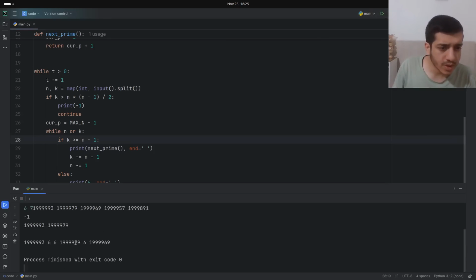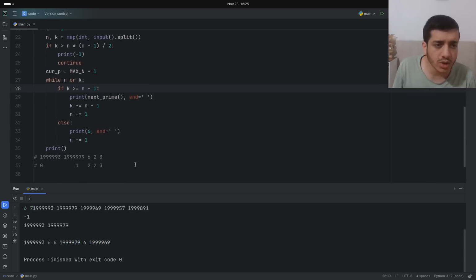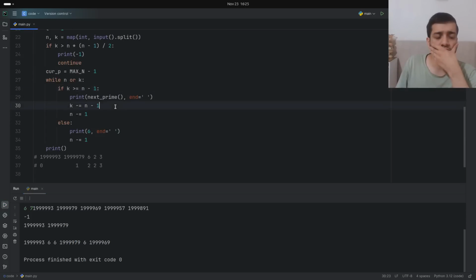Check. So after 6, we may encounter some, so after 6 only 2 primes appear.